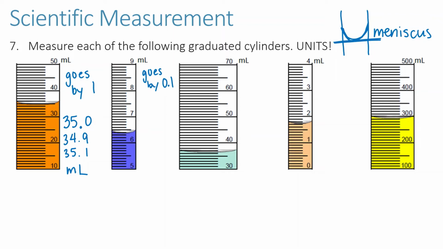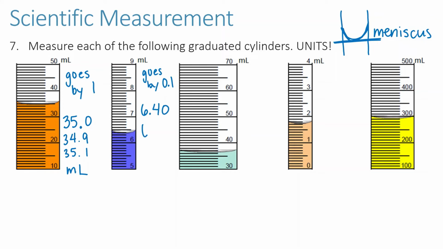This means we always know the first decimal from the tick marks, so we would have to guess the second decimal place, the hundredths place. This to me looks like it's exactly on 6.4, so I would need to write 6.40.